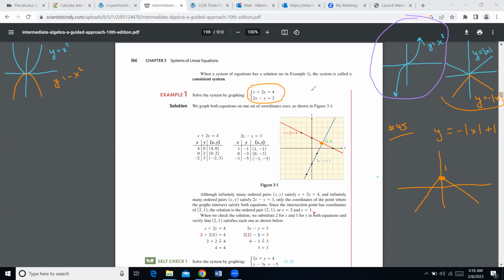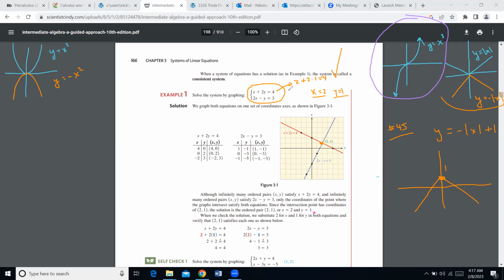So they say that x is equal to 2 and y is equal to 1. And it turns out that when you decide to check this, if you replace your x with a 2 and your letter y with number 1, then what's going to happen? This equation will become the correct statement. So this solution 2 for x and 1 for y will check.